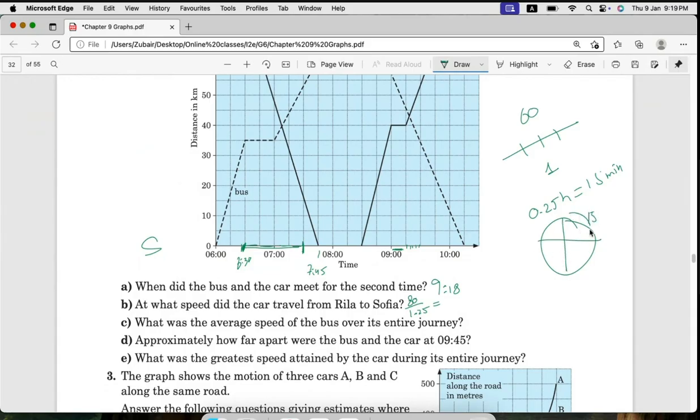This is 15 minutes, another 15, another 15. We do not write 1.3. We write 1.5, 1 point 5, half hour, that is 30 minutes. 15 minutes is 0.25 hour. Basically, 1 by 4 of an hour is equal to 15 minutes. So 80 divided by 1.25 is 64 kilometers per hour.